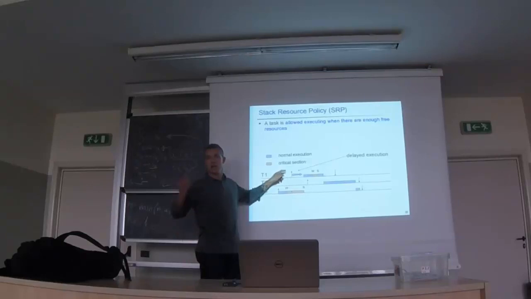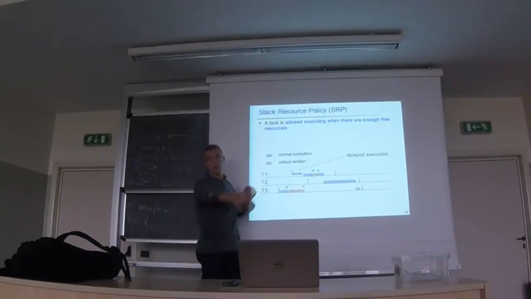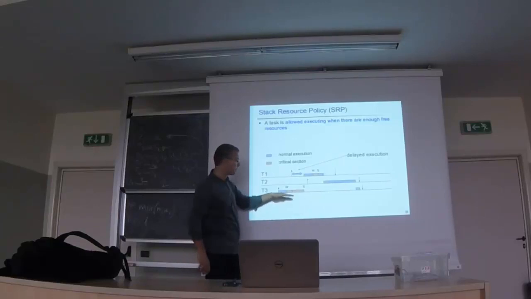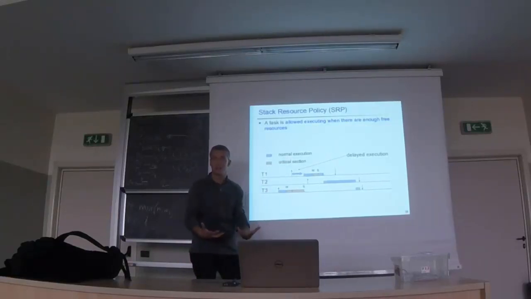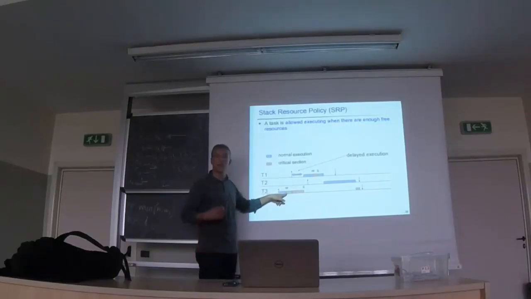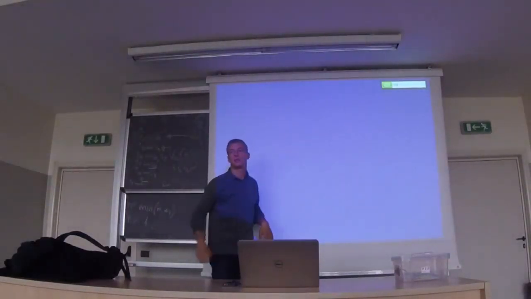This is the difference between highest locker priority and SRP, versus priority inheritance and priority ceiling. With PIP and PCP, the priority is raised when the blocking is effectively in place. Here, the priority is raised as soon as I execute the lock, earlier than in the other case.